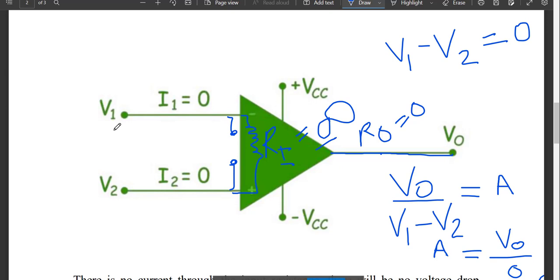Common mode rejection means the circuit will identify what is common in both the terminals. Noise will be common, so it will identify this noise which is common in both the ports, and it will reject it. This is what common mode rejection means in layman's terms.